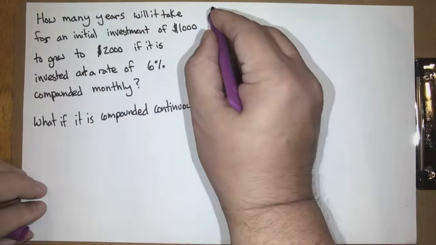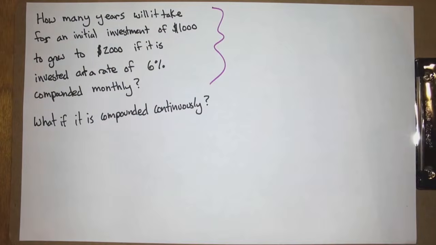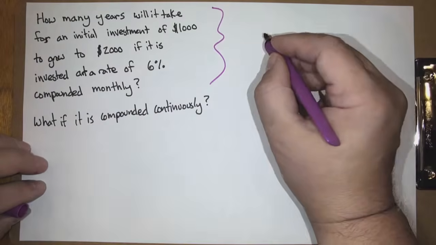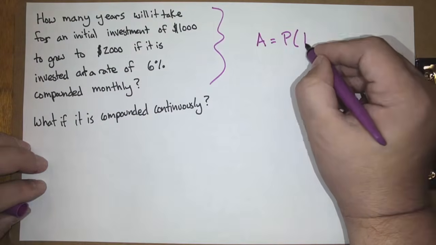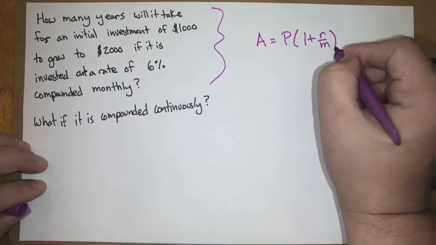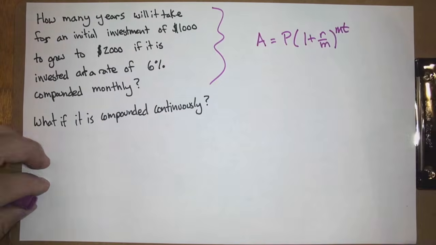All right, so let's start with the first one. It's compounded monthly, so we're in our discrete setting. So we have A = P(1 + r/m)^(mt). What is it we're trying to solve for?